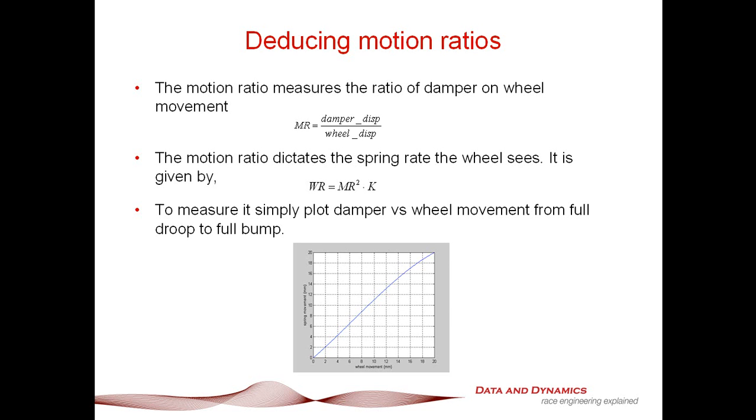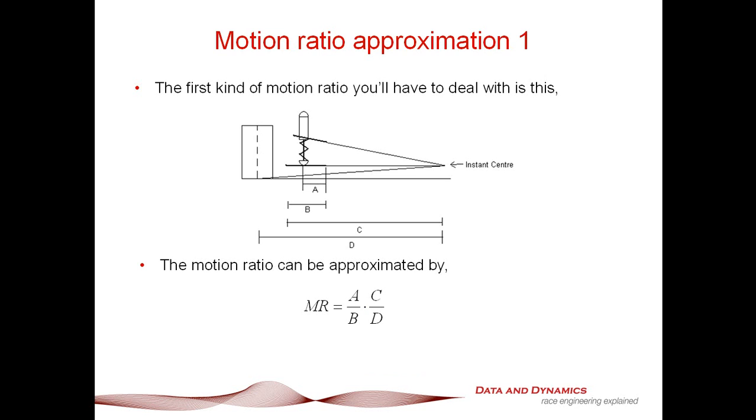Now, in terms of some motion ratio approximations you might find useful, if you're dealing with a touring car or something that's not mounted to a bell crank, this is an old trusted little formula you can use.